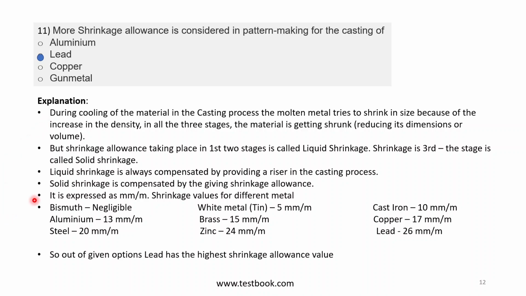So if your final casting size required is 1 meter, then you have to add 10 mm extra to the pattern. In aluminum it's 13 mm per meter, brass 15, copper 17, steel 20, zinc 24 and lead the highest here, 26. So with 26, lead will be the answer for this question.